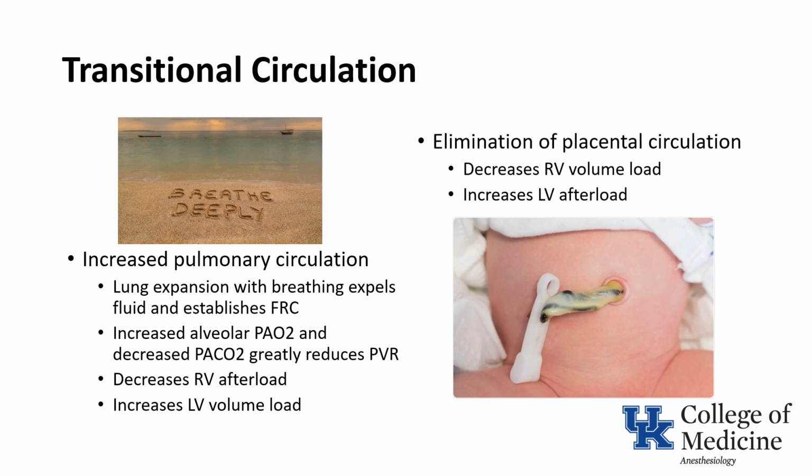This in turn decreases the right ventricular afterload and increases the left ventricular volume load. Simultaneously with the clamping of the umbilicus, you have the elimination of the placental circulation, which decreases the right ventricle volume load and increases the left ventricle afterload.